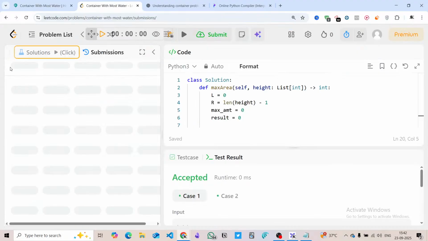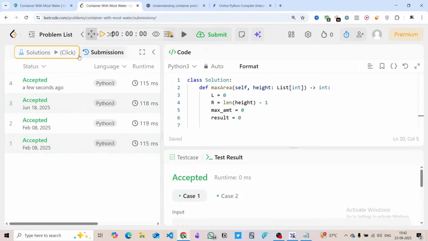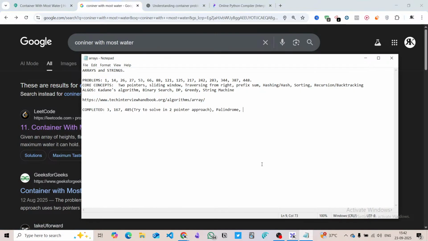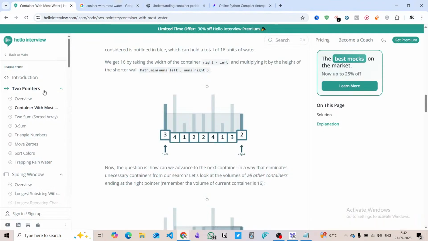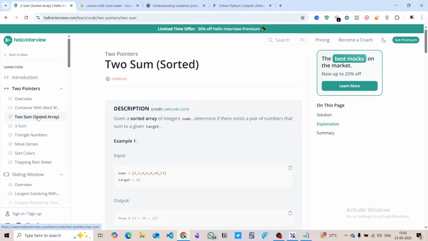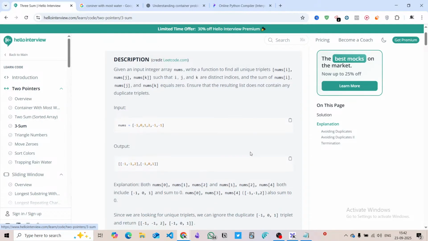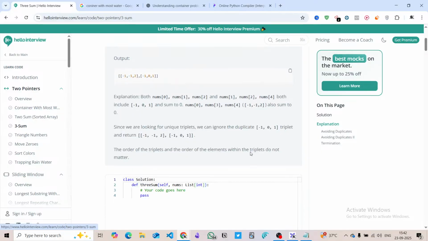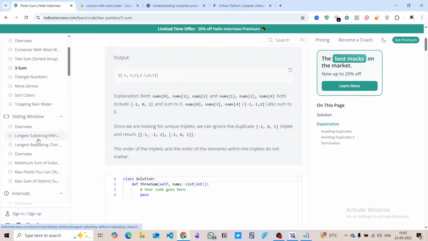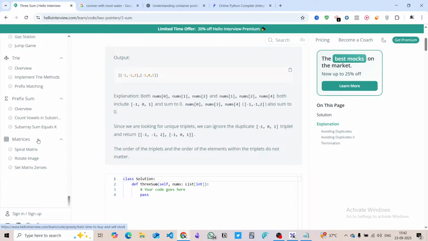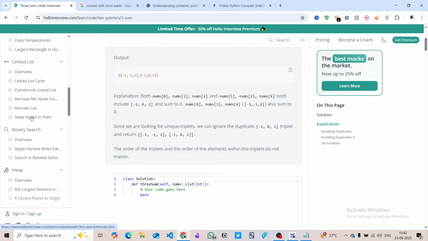So we solved the problem 11. Then the next one, two sum sorted array. I think we finished with this one. After that, we try to move to three sum, then sliding window.